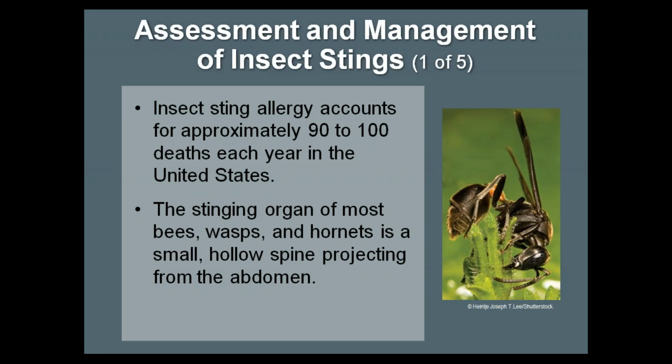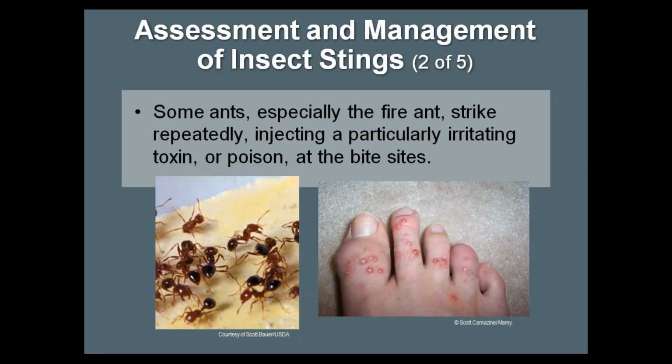I wouldn't just go in with bare hands, but you could, but we need to inspect that site and get the stinger out. Some ants, fire ants, I don't think we have fire ants around here, but they can be a source of an allergic reaction as well. Multiple sites or multiple bites can be done by the same ant.